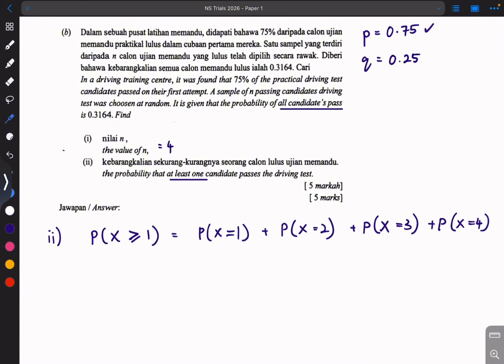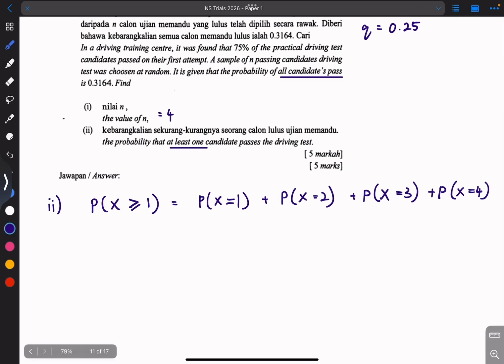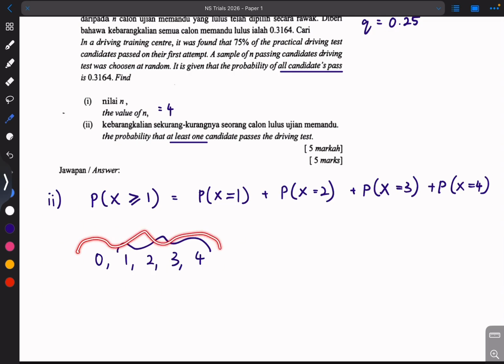Right. So this is obviously going to be super long because you have to do the nCr one by one for every single thing. So what we can do is, all the possible outcomes are 0, 1, 2, 3, 4. We want to find all these probabilities. So what we can do instead is we know the total probability must equal 1.